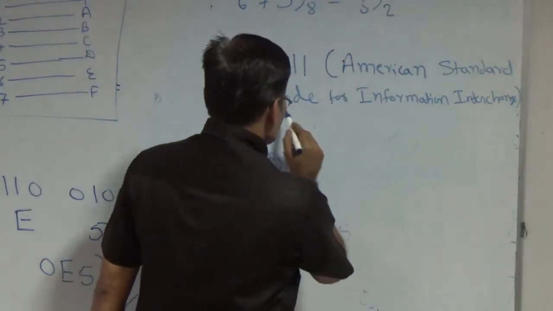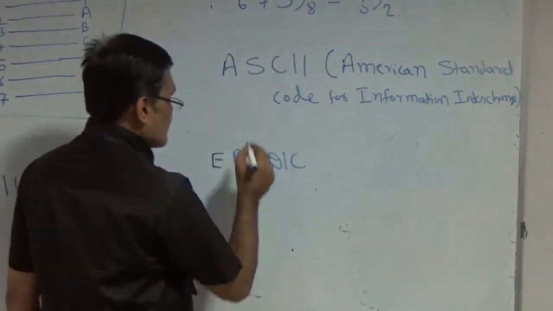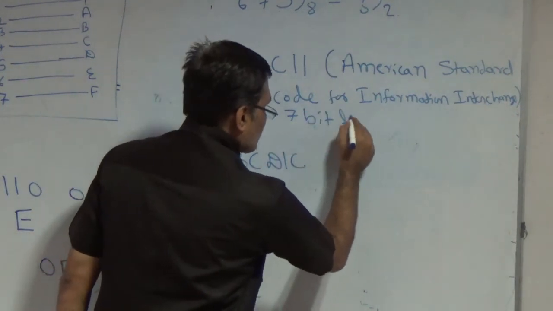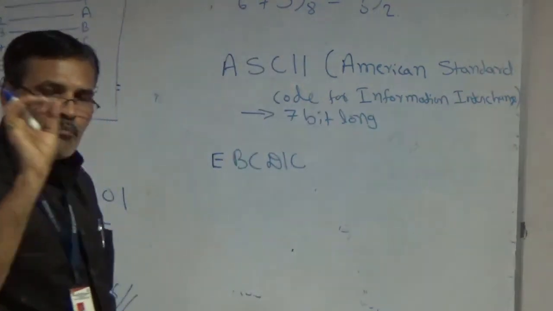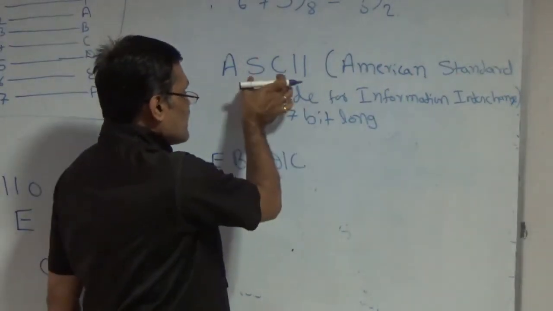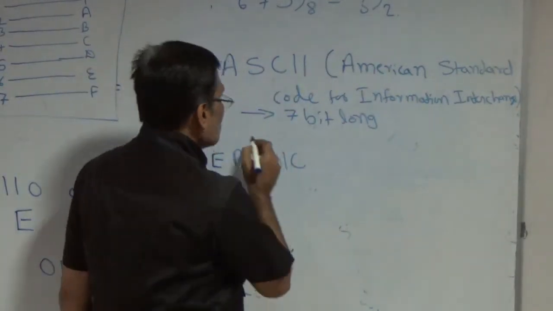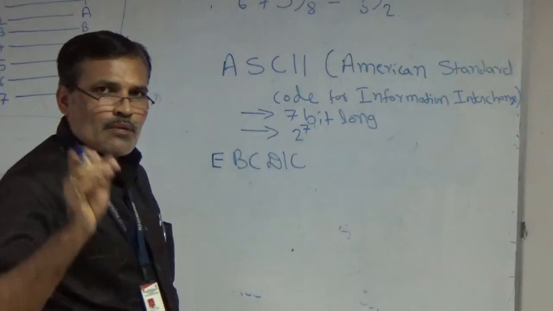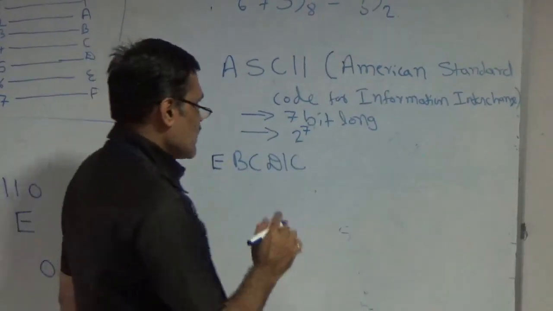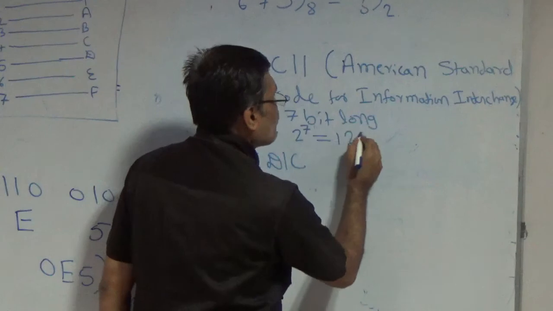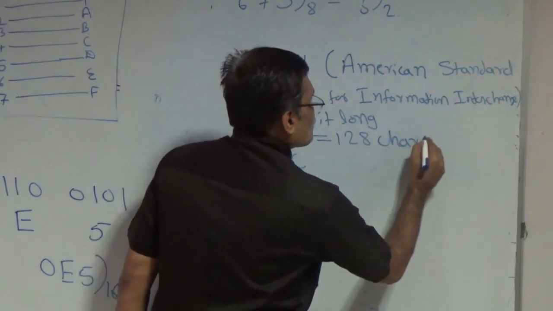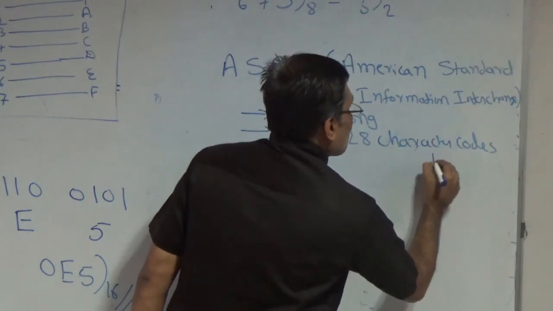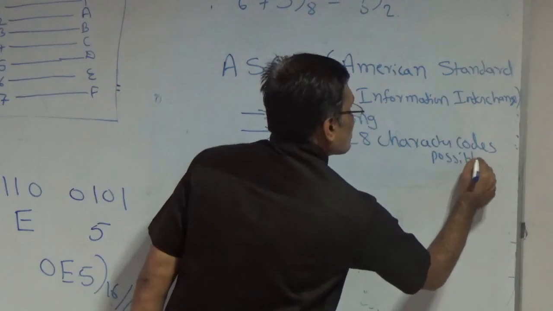This particular code is 7 bits long. So 7-bit binary codes are used to represent any ASCII character. If 7 bits are used, overall 2 raised to 7 possible codes are available. So 2 raised to 7 means 128 character codes are possible in this case.